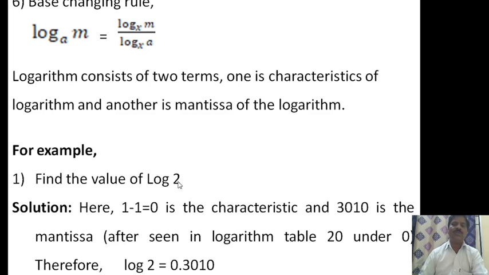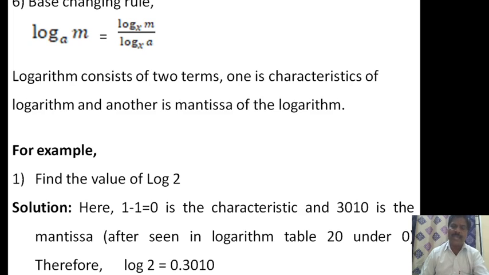The logarithm table usually takes 4 digits, or at least 3 digits, as essential. The logarithm table starts with the value 10, 11, 12, 13, up to 99, two-digit numbers. Therefore you take 2, that is 20, and look under 0.